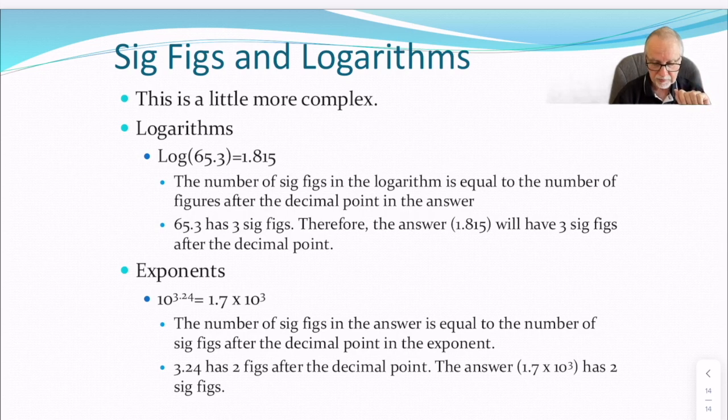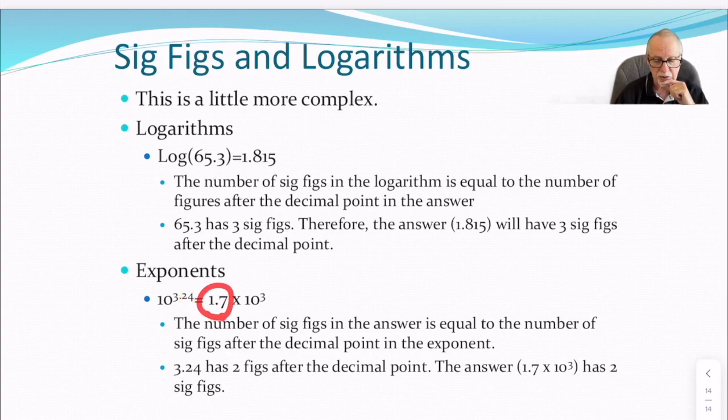And exponents, in this case, we've got an exponent of 3.24. The number of sig figs in our answer is the number of sig figs after the decimal point here. So I've got 2 digits, 2 sig figs after the decimal point.